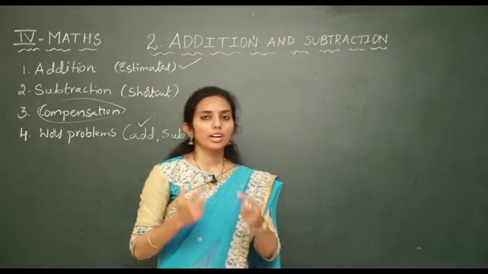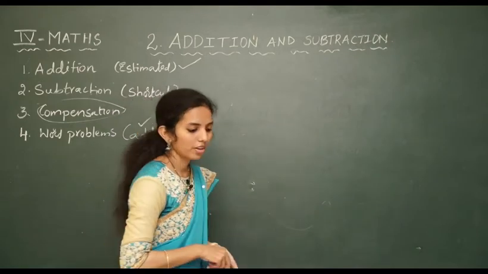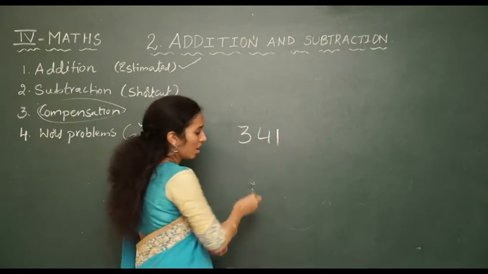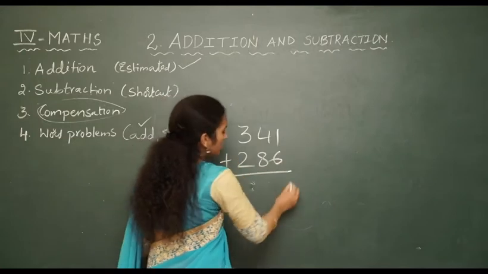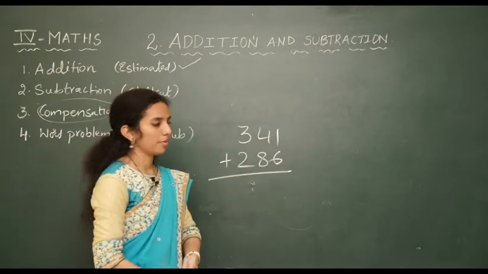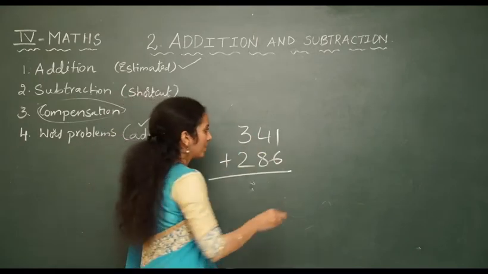So whatever I have told, I'll show you with an example. Here is the number 341 and 286. These are the two numbers to which we have to do the addition. Now observe the numbers. 341 is near to which number? 340.